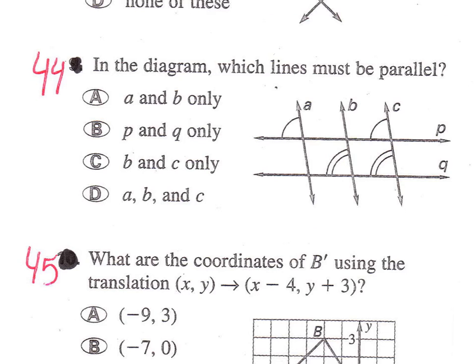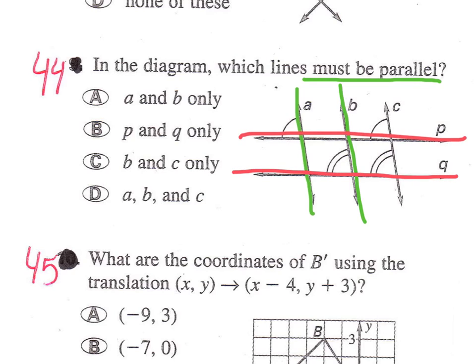Again, here in number 44, we want to know which lines must be parallel. Use those arc marks. Take a look at those. The single ones would be equal, the doubles would be equal to each other. So who's got to be parallel? Is it A, which is just A and B? Would it be B, which is P and Q?